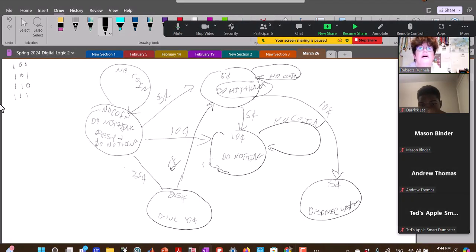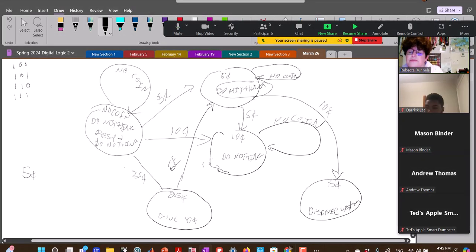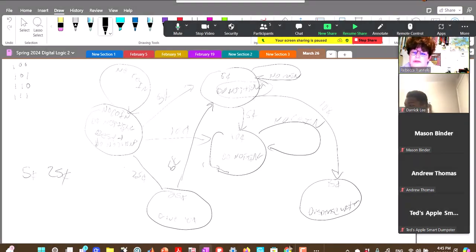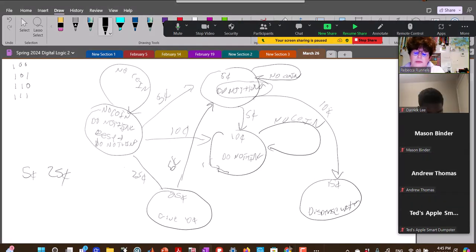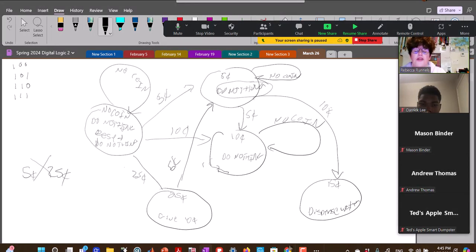I treated the 25 cent as a don't care, because I said if I had 5 cents and 25 cents and I was trying to get water, I would just deposit the 25 cents. I wouldn't deposit the 5 cents and then the 25 cents. So I'm saying that this is a situation that wouldn't occur. You might handle it differently, but that's not specified in the instructions.